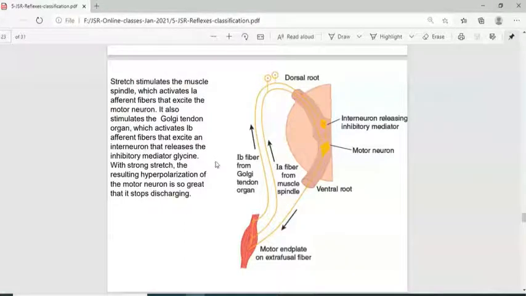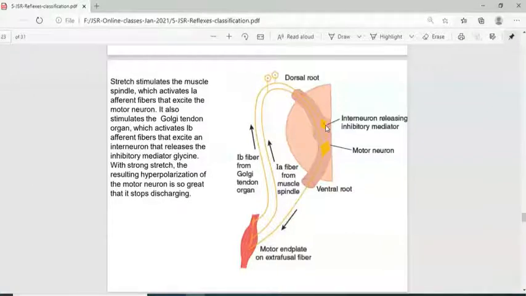But if we go on adding weight, okay, and the tension in the muscle increases, Golgi tendon organ gets activated. Golgi tendon organ is present in this region. Okay, and when Golgi tendon organ becomes stimulated, the nerve fibers that carry information are the 1B fibers going from the Golgi tendon. They carry the information to the central nervous system.